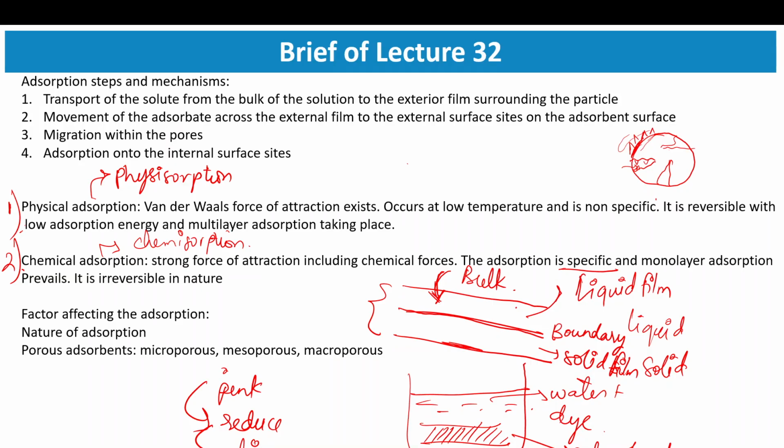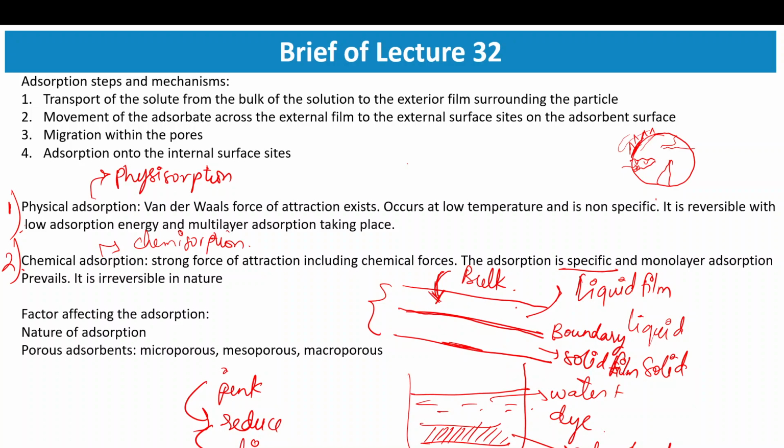So the next thing that we should look into for the adsorption is what factors the adsorption process is affected by. Obviously it depends on what type of adsorbent you have taken, the nature of the process, and the parameters. For example, the water characteristics: what is the pH of water, what is the matrix of water.